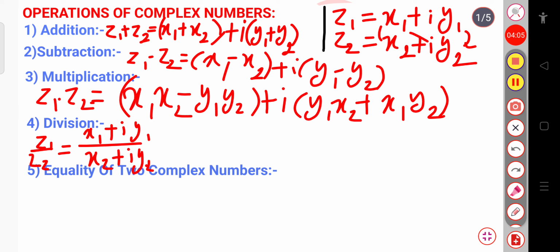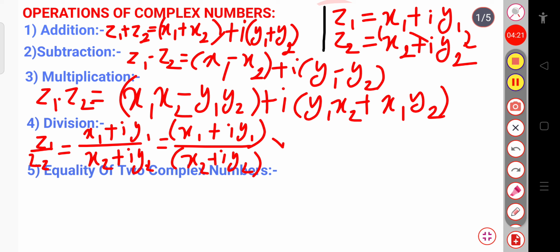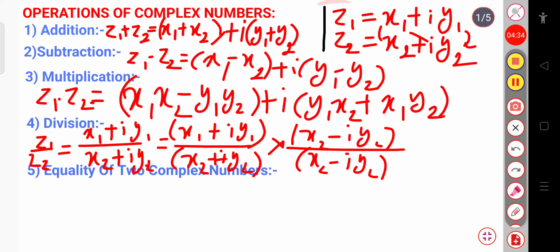Here you have to multiply by the complex conjugate of x2 plus i y2. The first term is x1 plus i y1, it remains as it is, divided by x2 plus iota y2. We multiply by the complex conjugate of x2 plus i y2, that is x2 minus i y2, and we divide by x2 minus i y2. So, if I cancel these two terms, it will remain as 1.